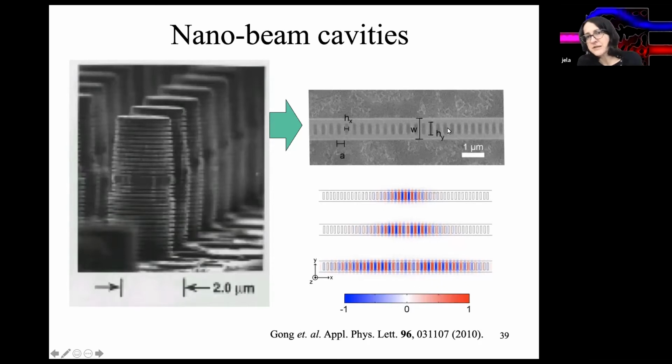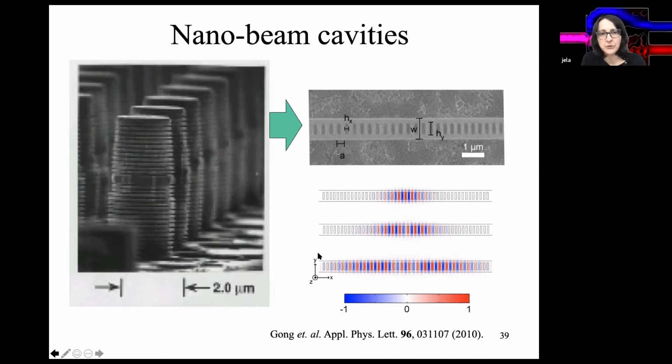So this is the same approach as what you have in 2-dimensional photonic crystals, except that you apply it in 1 dimension. And since it's done in 1 dimension, you don't really need a very high refractive index contrast to build a resonator because you're using distributed Bragg reflection only in 1 dimension and total internal reflection in 2 dimensions.